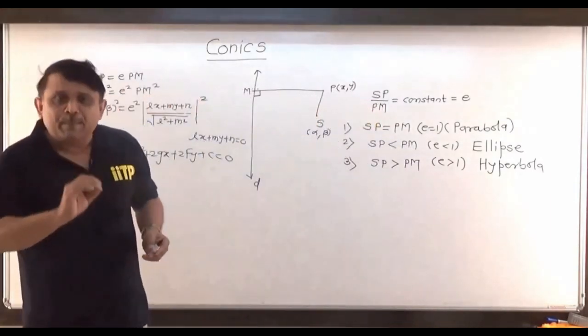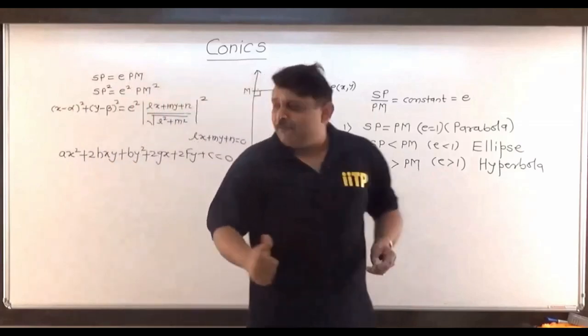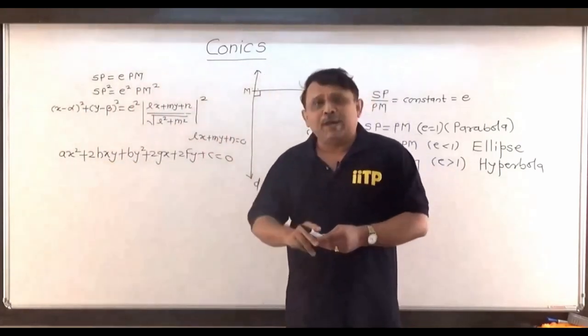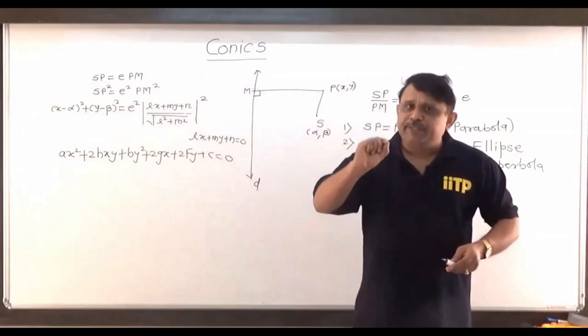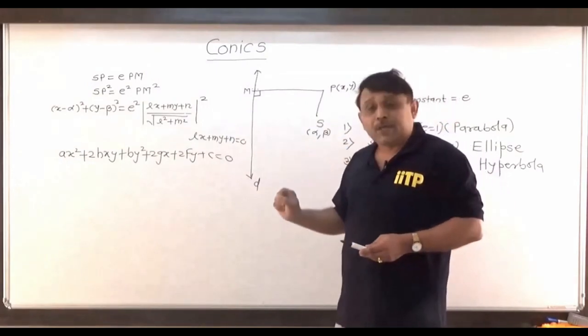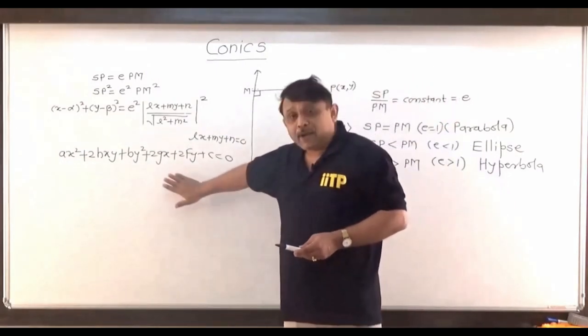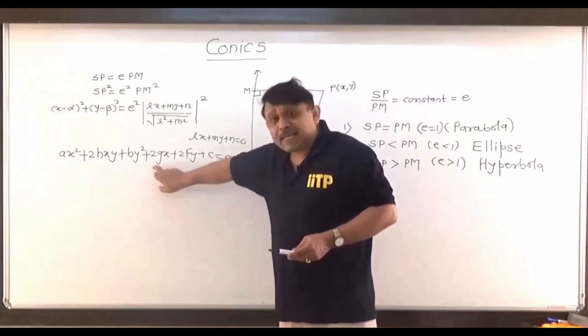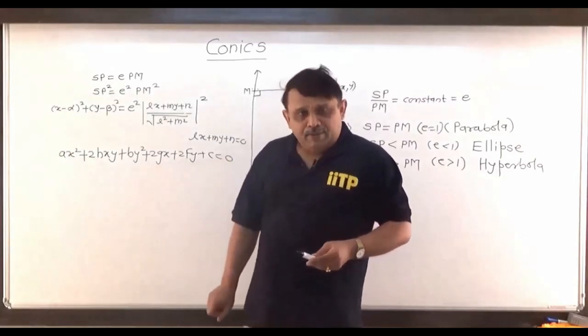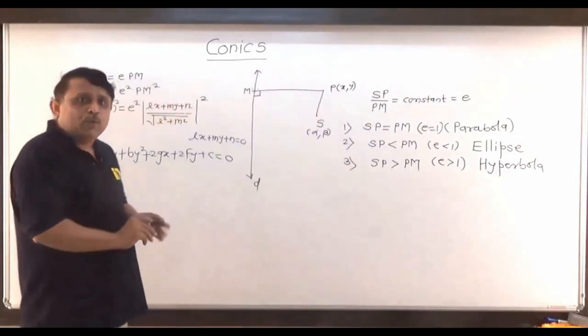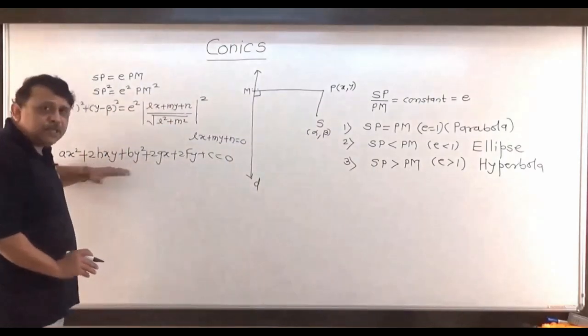We know from pair of lines that whenever ax square plus 2hxy plus by square plus 2gx plus 2fy plus c equal to 0 represents a pair of lines, then the discriminant of this equation is 0. What is the discriminant of this equation?